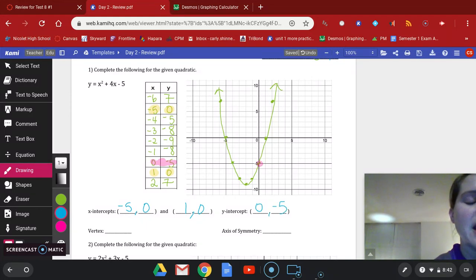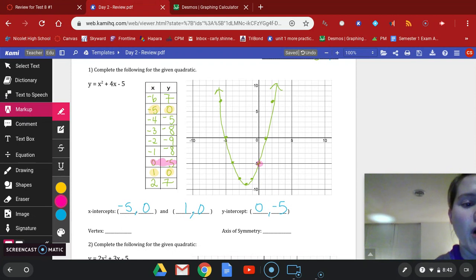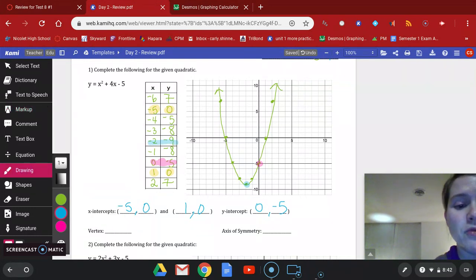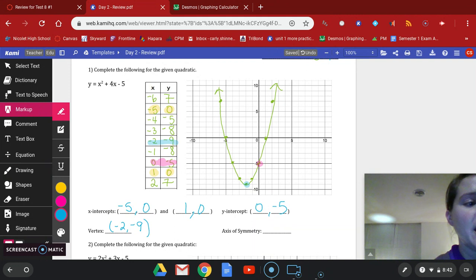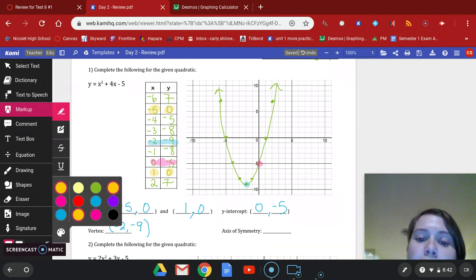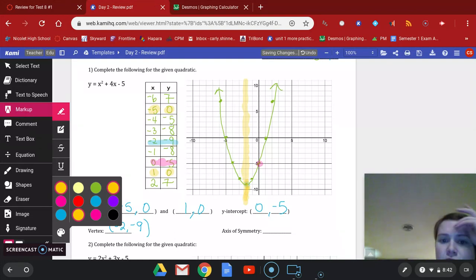My vertex is the lowest point when my parabola opens up. So that would be my minimum value, which would be right here, -2, -9, right? That's the most negative y value we see on our table. And the axis of symmetry is going to be the vertical line that cuts my parabola in perfect symmetric halves. So think about if you were folding up your parabola, where would you fold it?